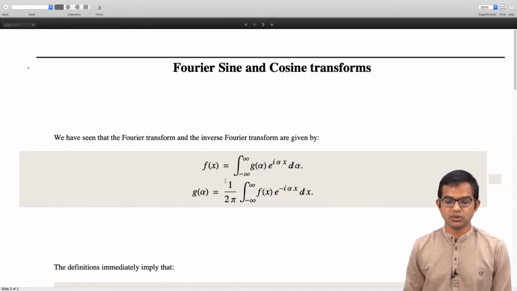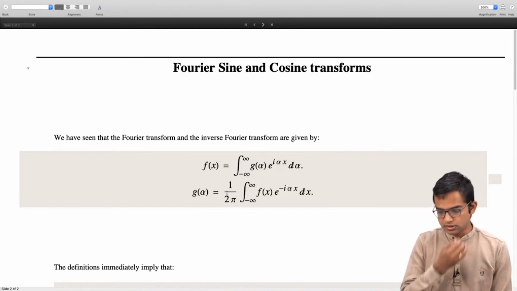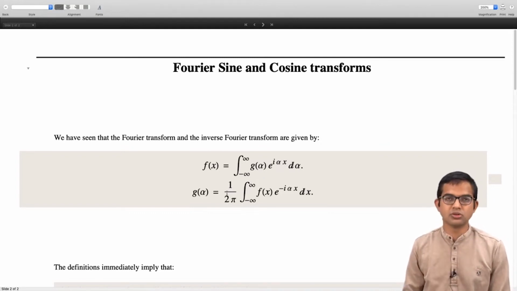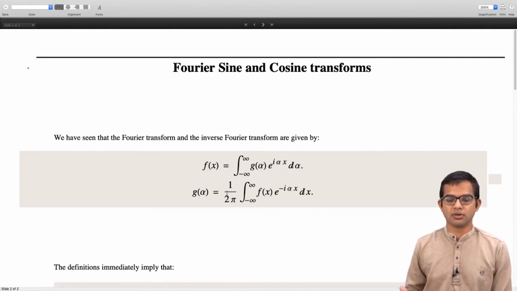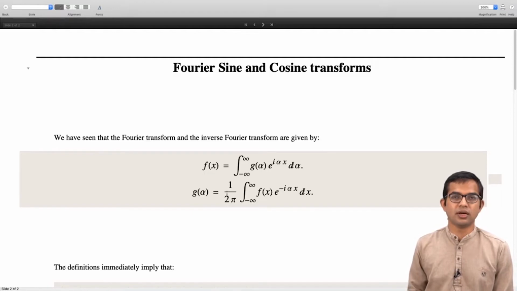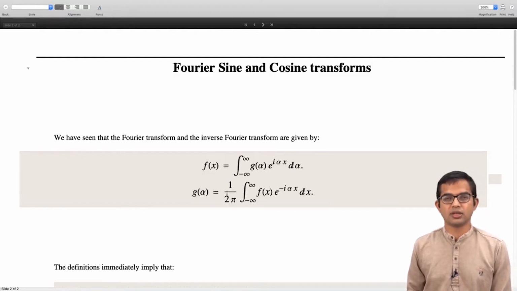So the rule is that if you put a coefficient c1 in the first equation and a coefficient c2 in the second equation, the product of these two coefficients must be 1 over 2 pi. So you will see in different textbooks different ways of dividing these two factors c1 and c2, right? A very common convention is to use 1 over square root of 2 pi in each of these integrals.